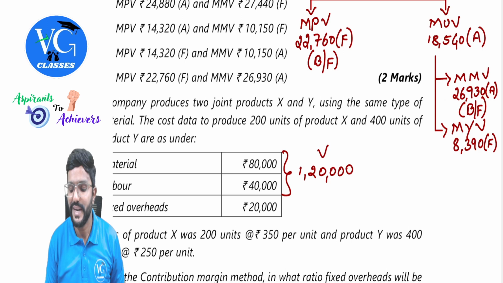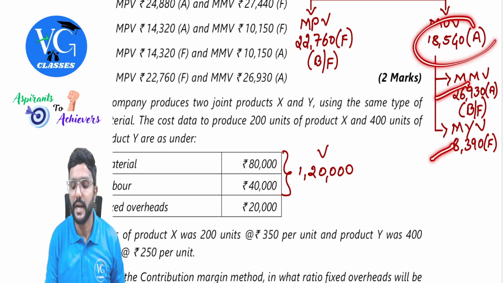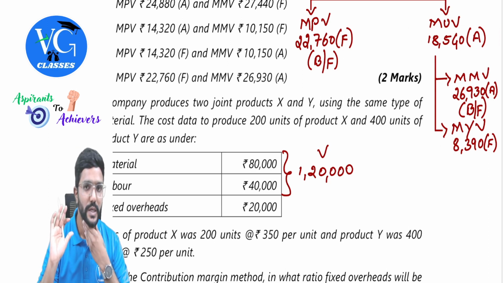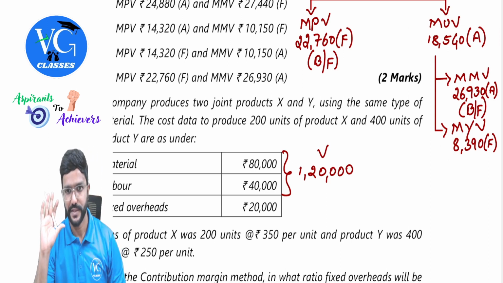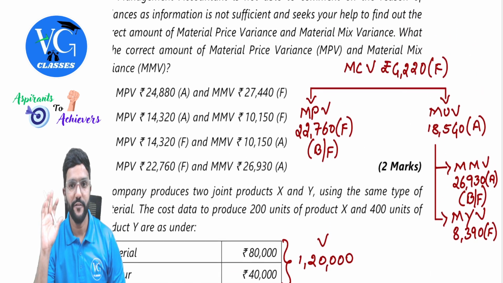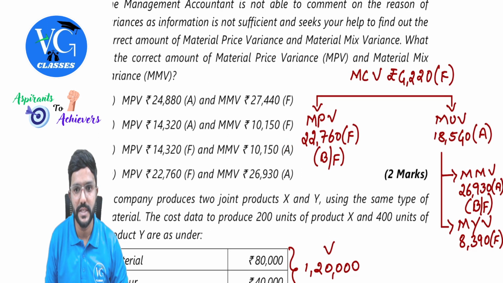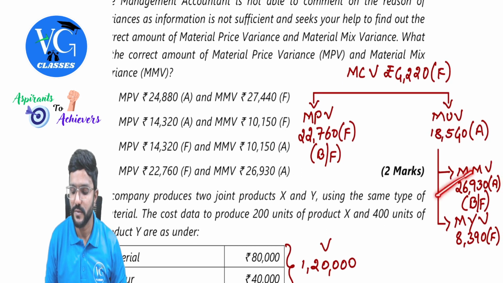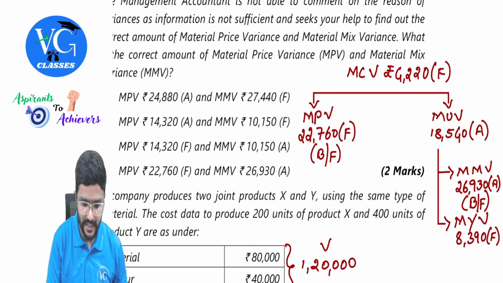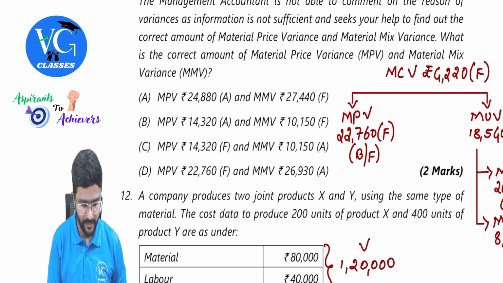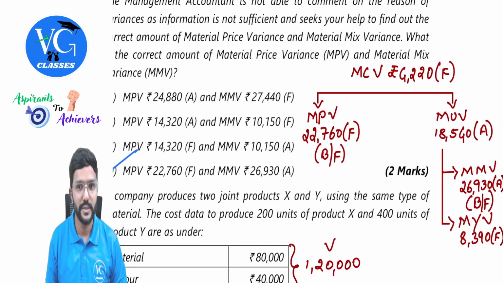So 26,930 minus 8,390, you will get adverse 18,540. Please be careful with the signs, guys. Adverse means negative, favorable means positive. So what is the answer we have got? 22,760 and 26,930. We'll mark it. 22,760, price and material mix variance.